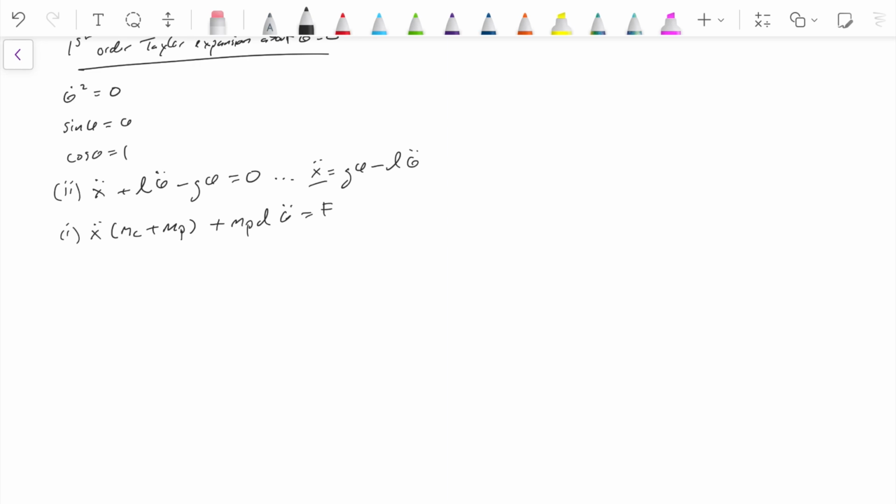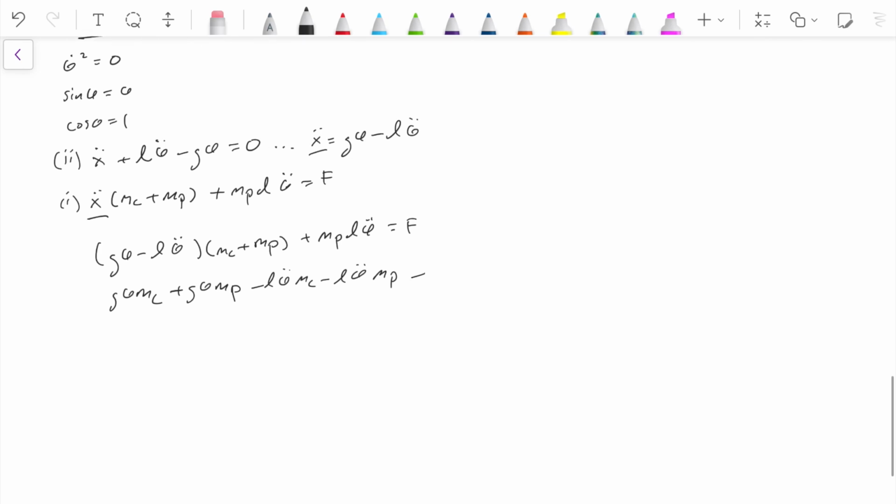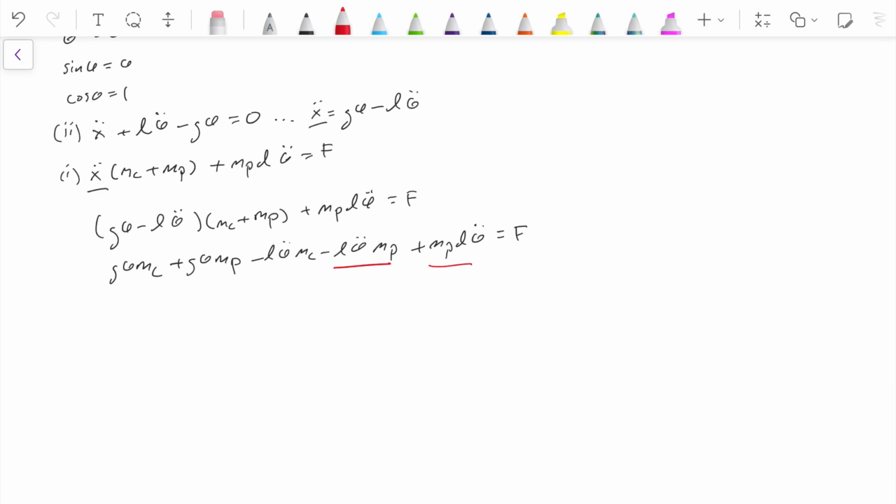Let's plug x double dot into here, into the first one. So we have (g theta minus L theta double dot)(Mc plus Mp) plus MpL theta double dot is equal to F. So we have g theta Mc plus g theta Mp minus L theta double dot Mc minus L theta double dot Mp, and that's plus MpL theta double dot is equal to F. So this MpL theta double dot and this L theta double dot Mp cancel.